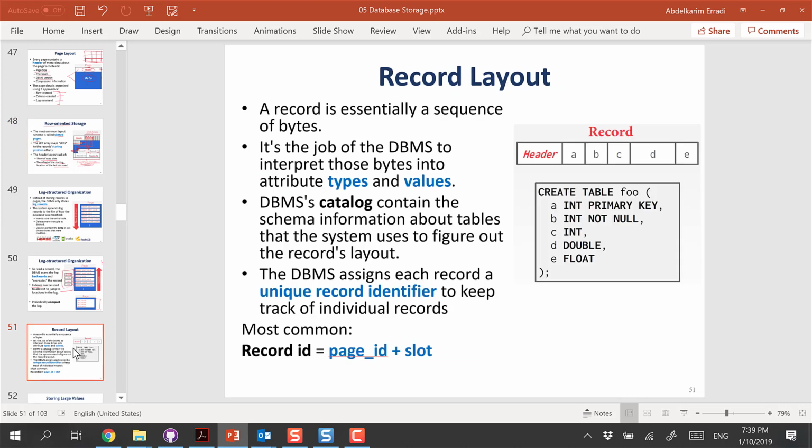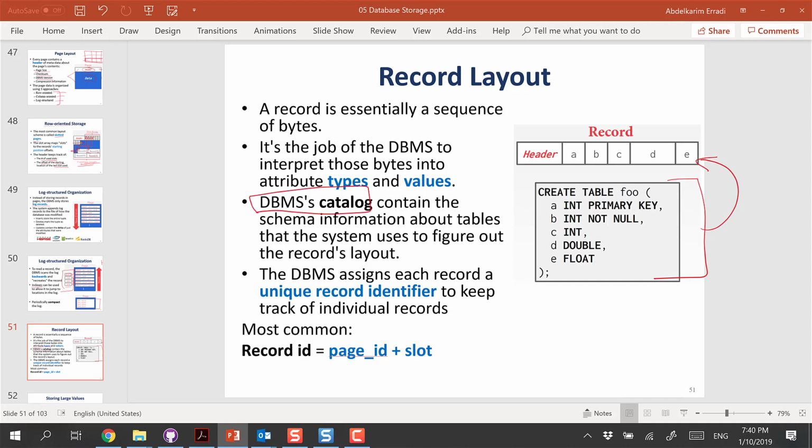So basically, when you get a record, the reader or recipient of this record sees it as an array of bytes. They need to parse it and make sense of it. Typically the query engine receives this record, and to make sense of it, it needs to get the schema of the table related to this record. And from where do we get the schema of the table? From the catalog.